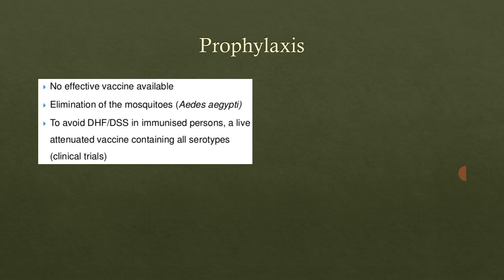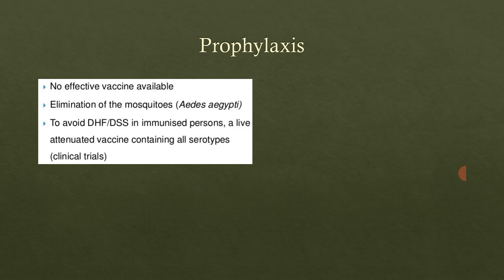If the clinical trials are successful, then the vaccine may be available. This vaccine is for dengue hemorrhagic fever or dengue shock syndrome. This vaccine is for all 4 serotypes of dengue: den 1, den 2, den 3 and den 4.